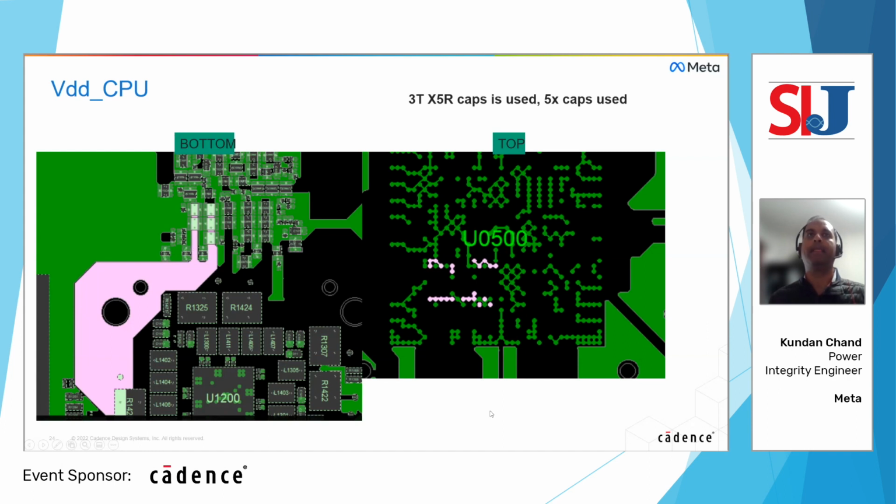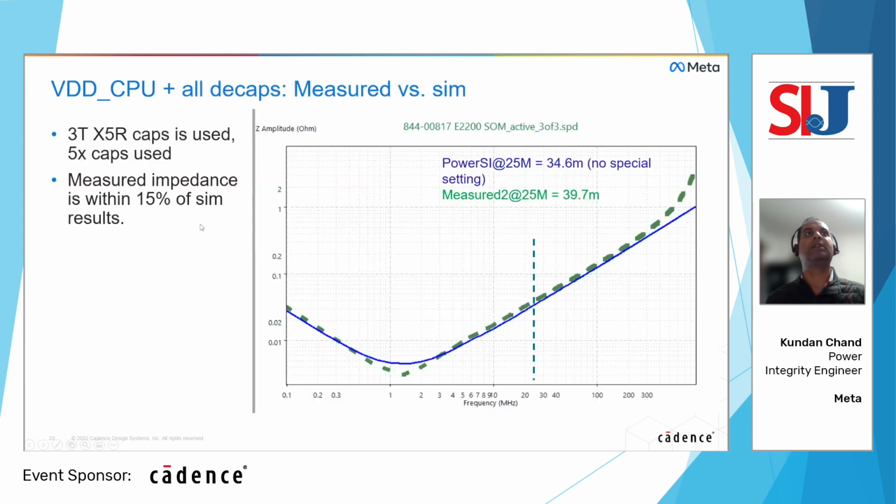And we probed these BGA pins here, and also we probed some of the capacitor locations over here. For this case, especially this rail, if you look at the measured result in green and the simulated in blue, for our purposes we are interested more in this region, tens to hundreds of megahertz.